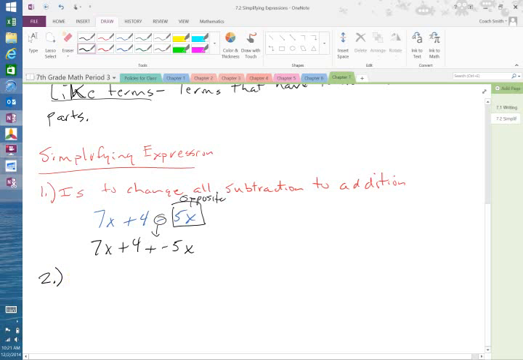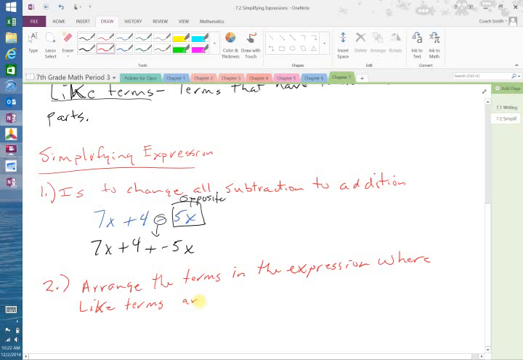Step 2. Arrange the terms in the expression where like terms are together.